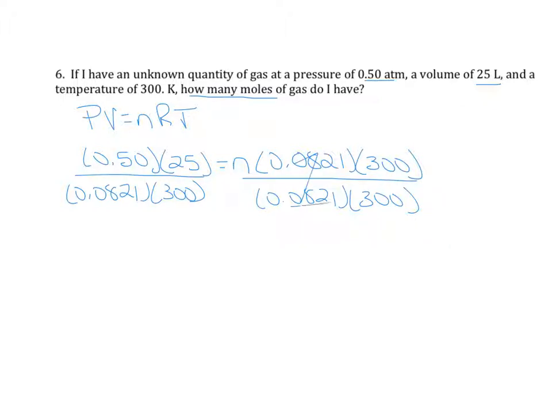These become giant ones. 1 times n is just n. Now, when you're dividing over here, you have to plug into your calculator 0.5 times 25 divided by 0.0821 divided by 300. So don't make the mistake of not dividing by 300, okay?